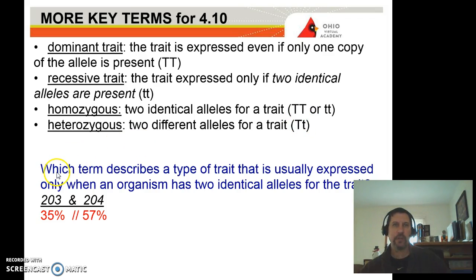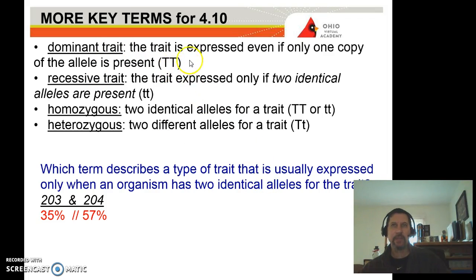So here's our question. Which term describes the type of trait that is usually expressed when the organism has two identical alleles for that trait? So we're looking for an organism that has two identical alleles. If it has two identical alleles, it could be dominant or recessive.